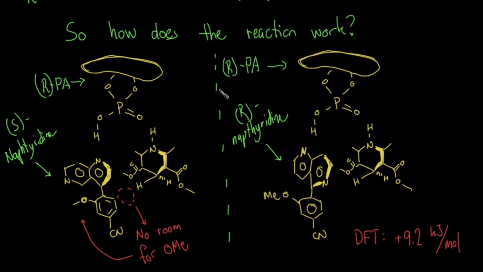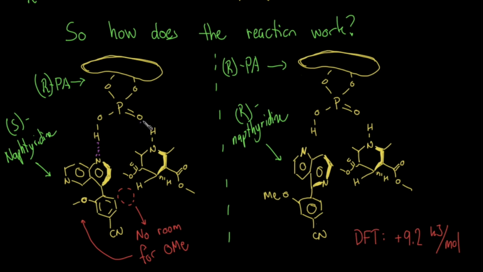This mechanistic investigation was performed by density functional theory, which is a strong computational method for investigating especially transition states in different organic reactions. So we can see here in this transition state that there is going to be an interaction between the pyridine-like nitrogen and this acidic proton on the phosphoric acid catalyst.